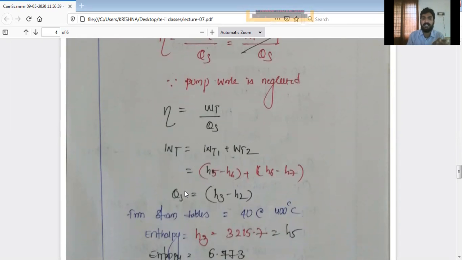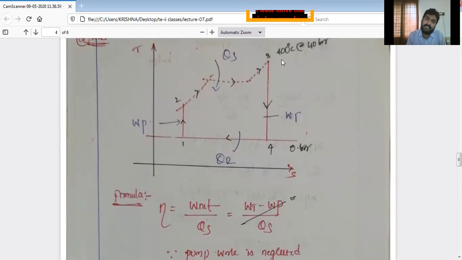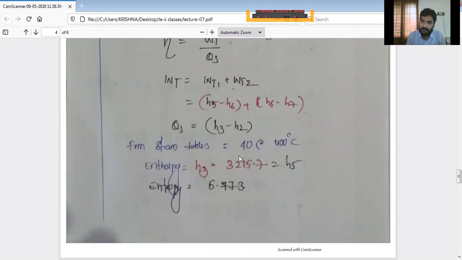Similarly, I can write the equation for heat supplied: Qs is equal to H3 minus H2. This is the maximum pressure and maximum temperature, 400 degrees and 40 bar. So those values I substitute in this equation. Those values are taken from the steam table.